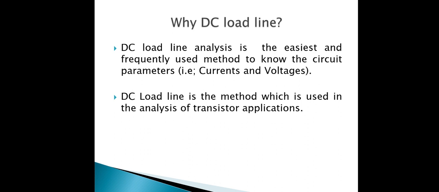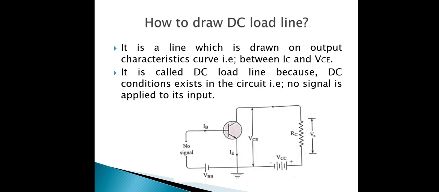When you want to know whether a particular transistor is suitable for your circuit, you have to select a transistor, and for the selection you need to check its characteristics. In such a case, this DC load line analysis will be very useful.